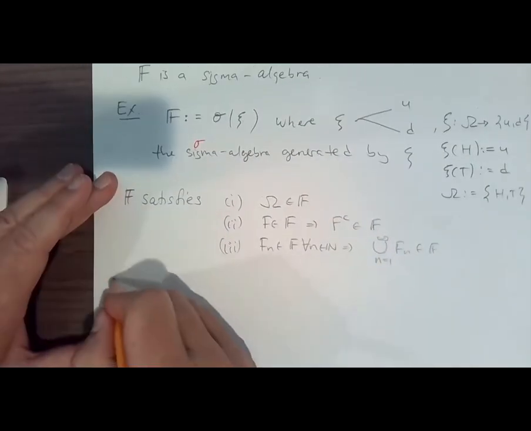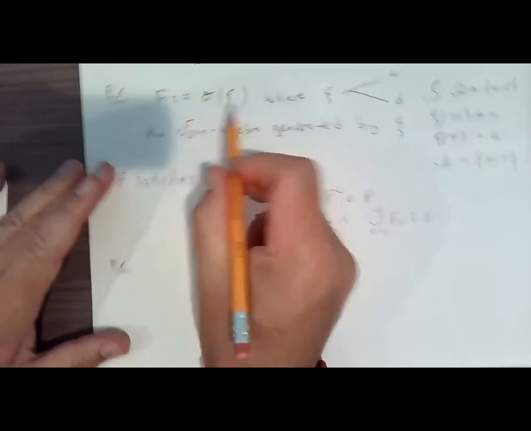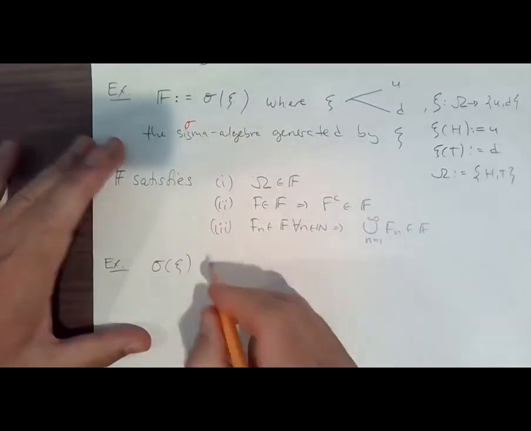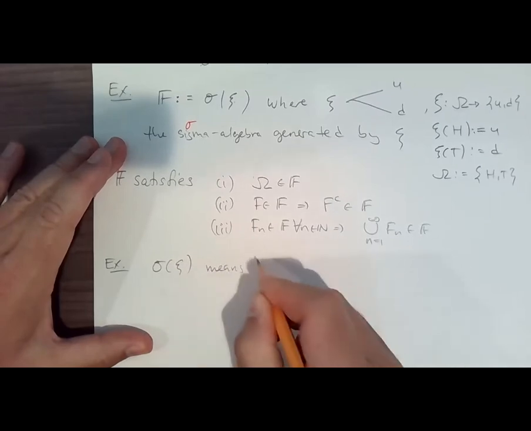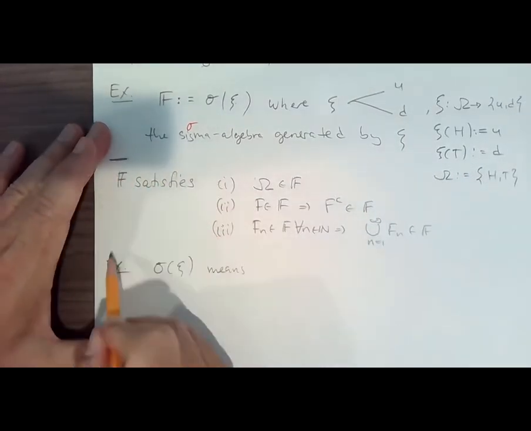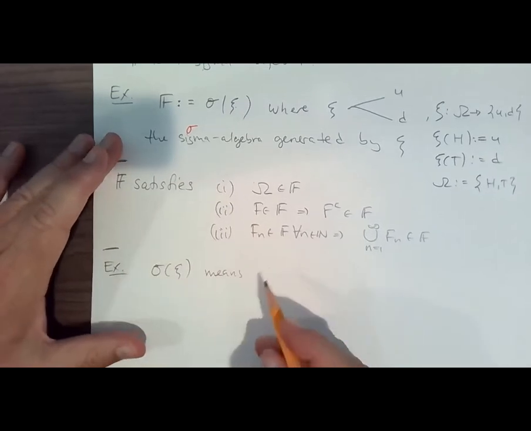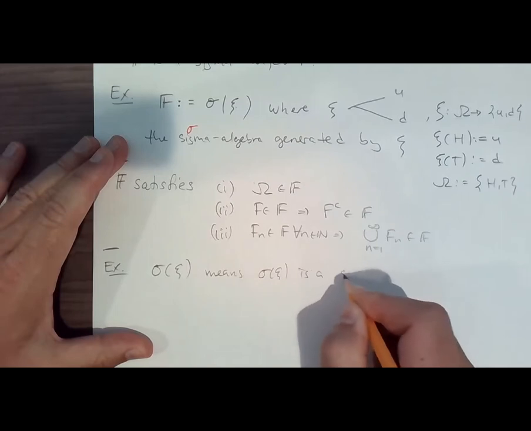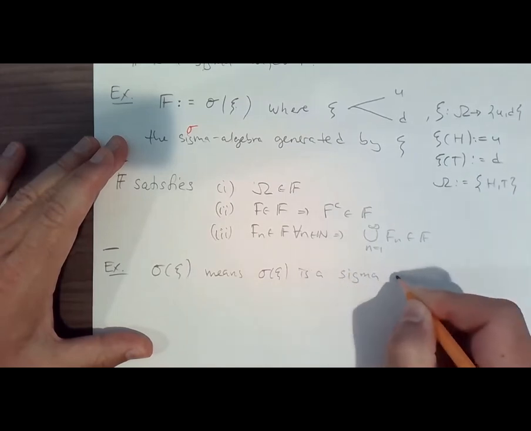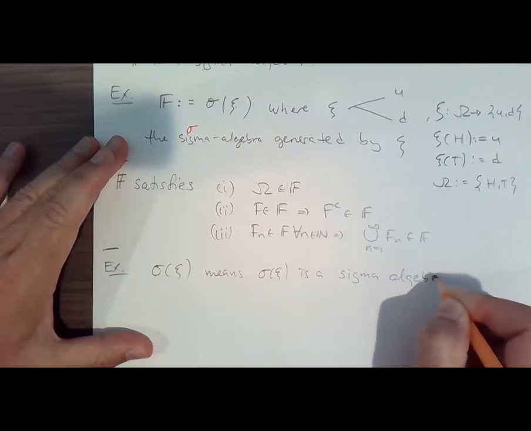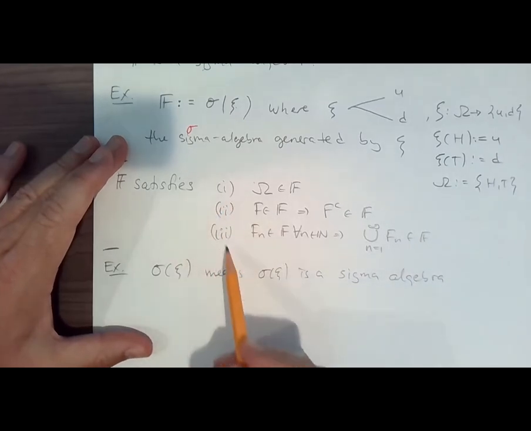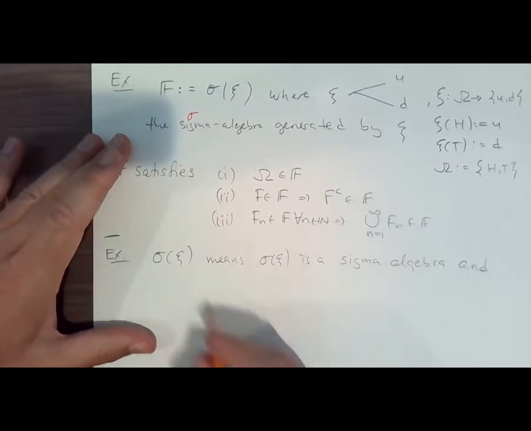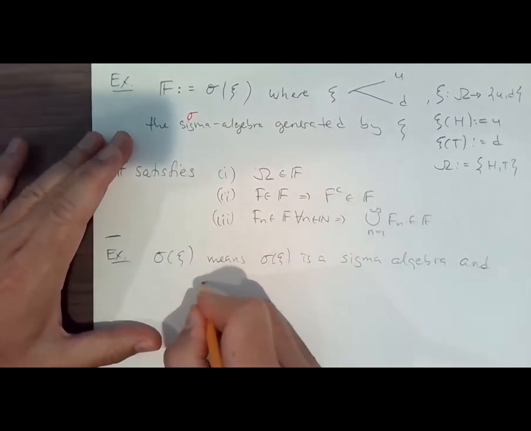Now, for our specific example, what does that notation mean? So this is the general statement. Sigma of psi means that it's a sigma algebra, so it satisfies 1, 2, and 3. And then there are two more properties.